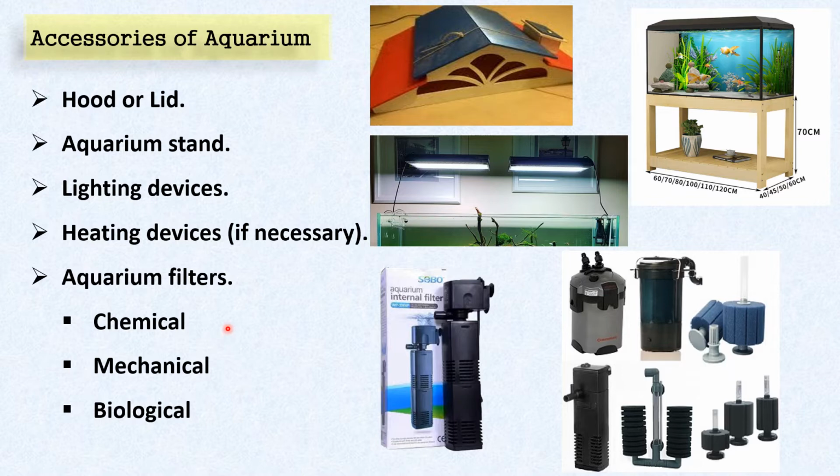And there are some which use chemicals to keep the water clean and free of germs and other parasites. In the same way, some biological type of filters are also there. The use of a filter depends upon the type of fishes you are rearing and other things. In most cases, a mechanical filter is enough to maintain the cleanliness of the water.